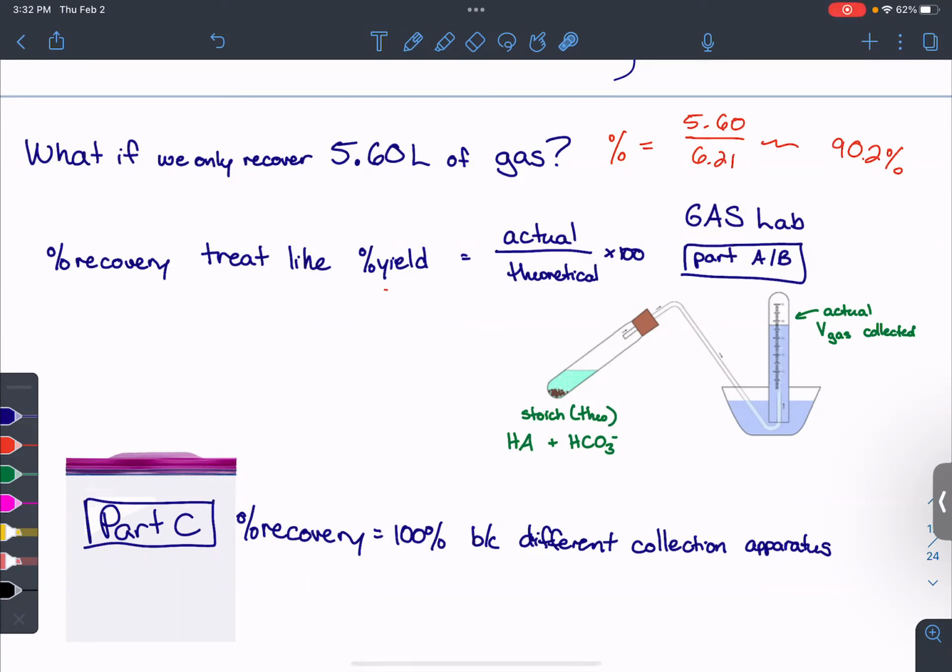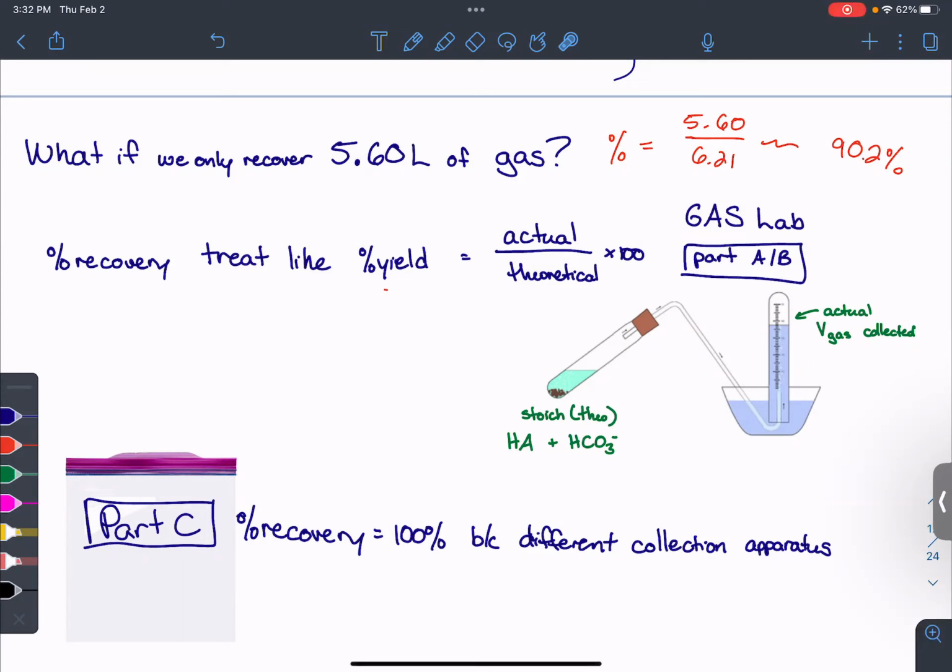But in part C, you're going to assume your percent recovery is 100% because your collection apparatus is different. It is a Ziploc bag. So you do the chemical reaction in a Ziploc bag. In theory, you should not lose any gas, right? If the reaction is completely contained in the Ziploc bag and you keep everything separated and then last minute you drop the thing in, all of the gas should be in the Ziploc bag.